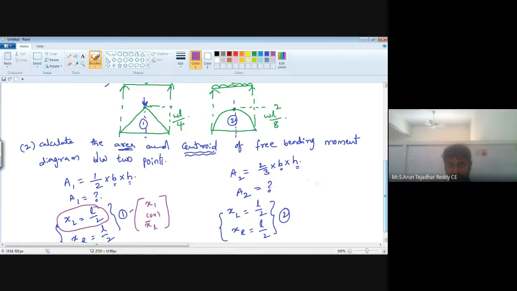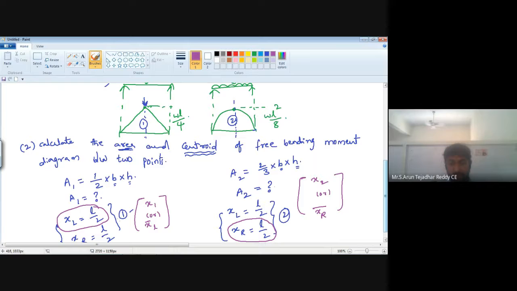We are calculating X2 or XR bar, the center of gravity for the second diagram. Here also we have two sides of center of gravity, XL and XR. When calculating for the second diagram, always prefer the right side center of gravity.